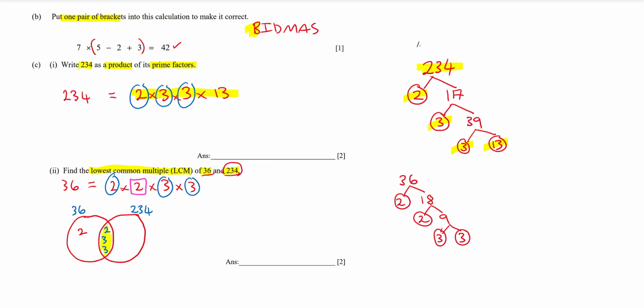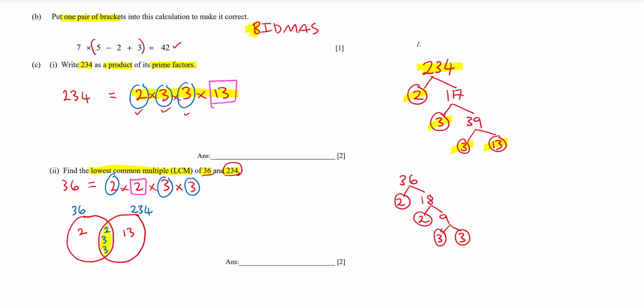And then for the 234, we've got our 2, our 3, and our 3. They're all in the overlap of the two circles. So we're missing this 13, so I'll put 13 here.